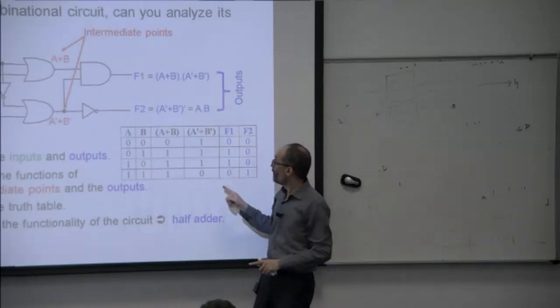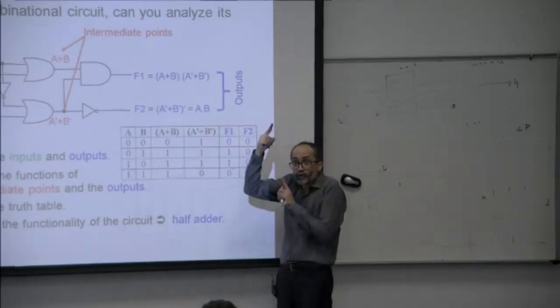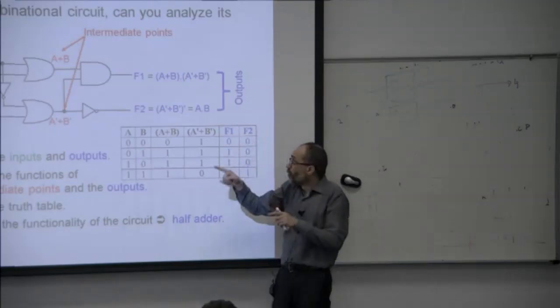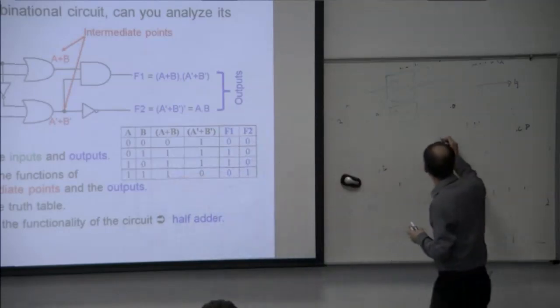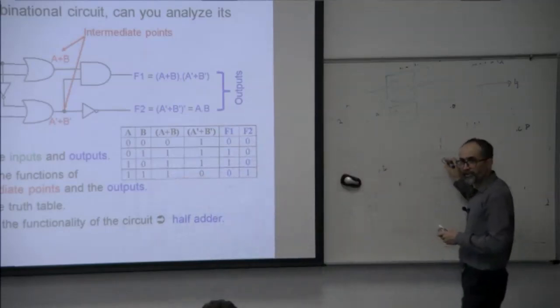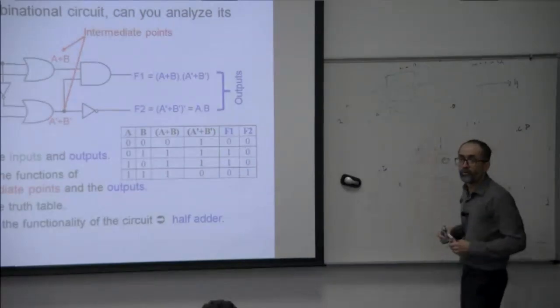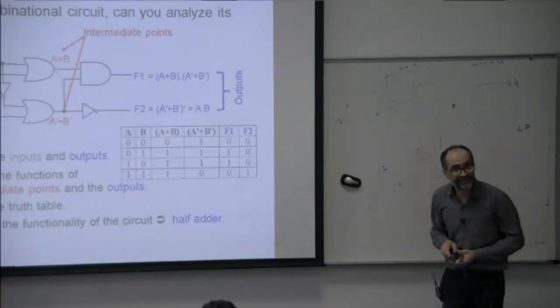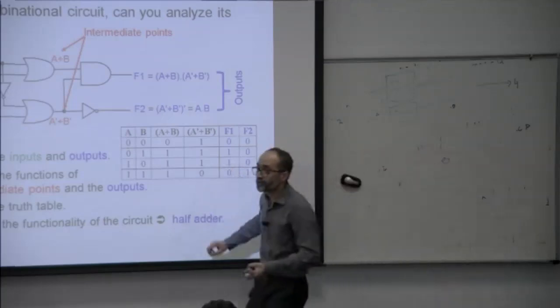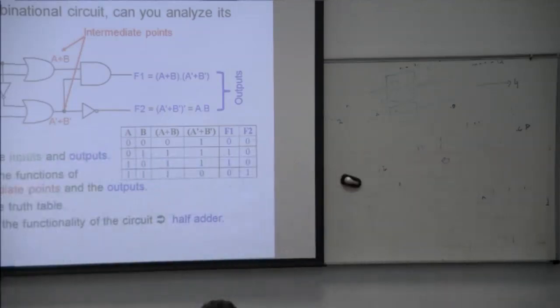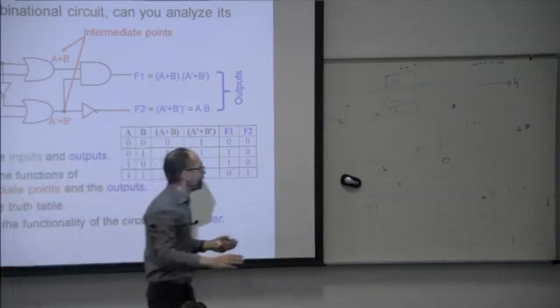It's a 2-bit addition. Now this F2 is a carry out. If we add 1 and 1, the sum is 0 and the carry out is 1. Got it or not? So this is the deduced functionality. This is a 2-bit adder.